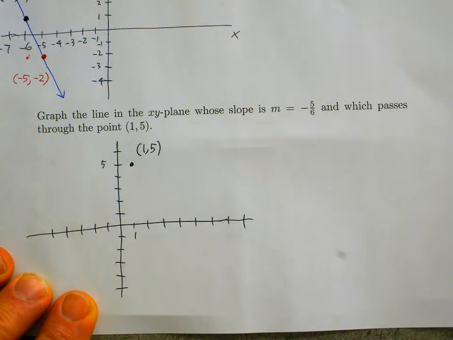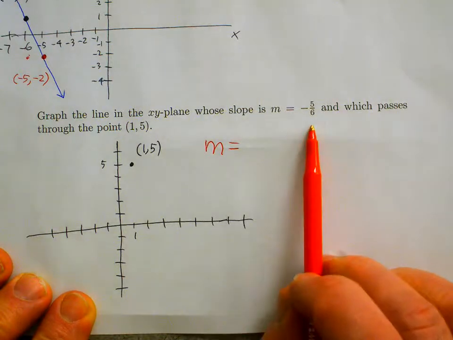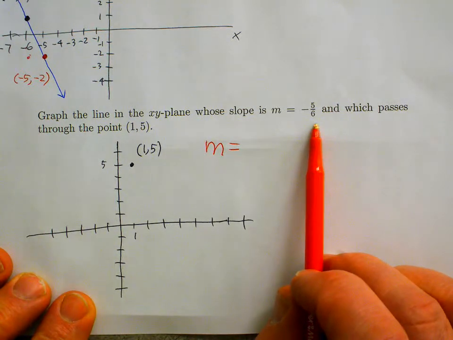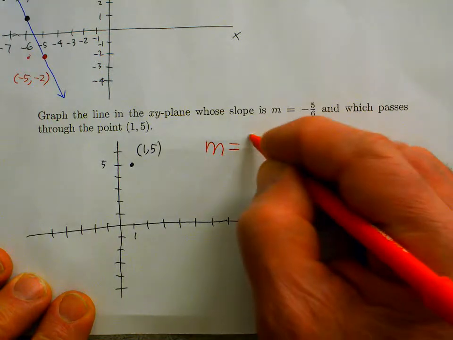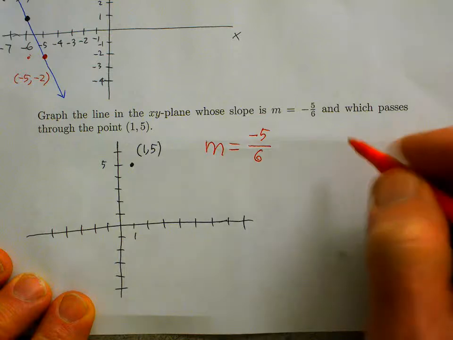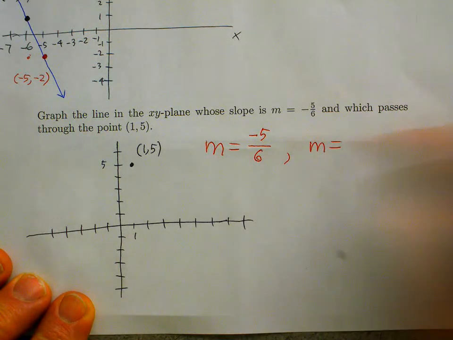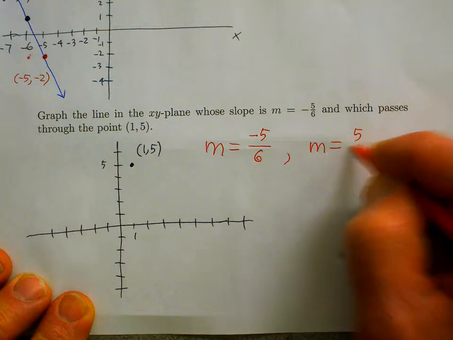And the slope is -5/6. And you can interpret it as -5/6. Or if you prefer, you can think of it as +5/6.